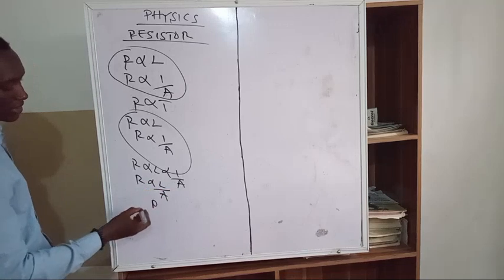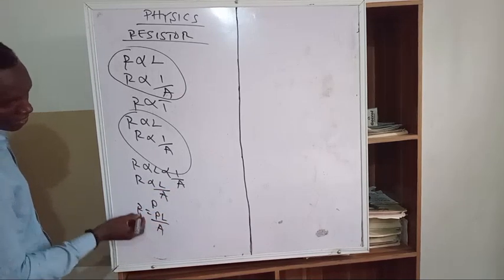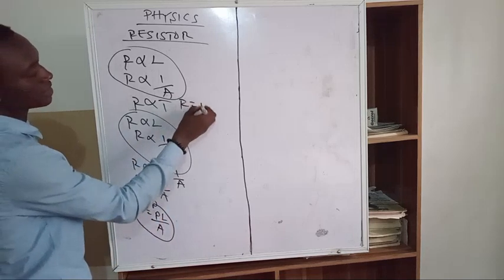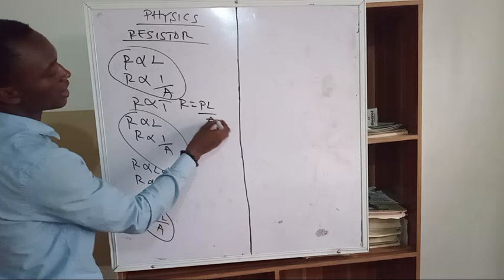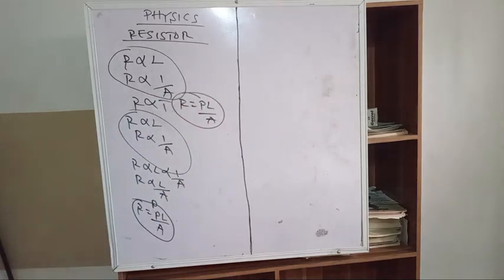Your constant is resistivity. So you have R is equal to rho L over A. This is the value of resistance in terms of the factors. So R is equal to resistivity times L over area.